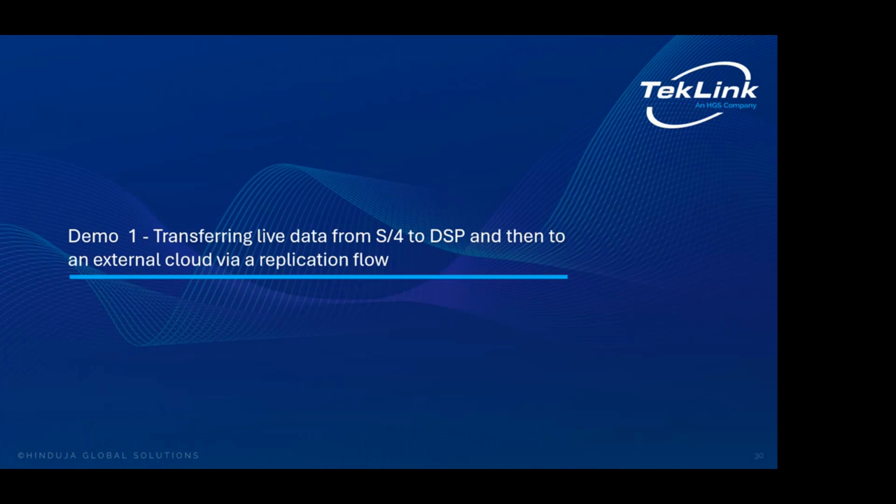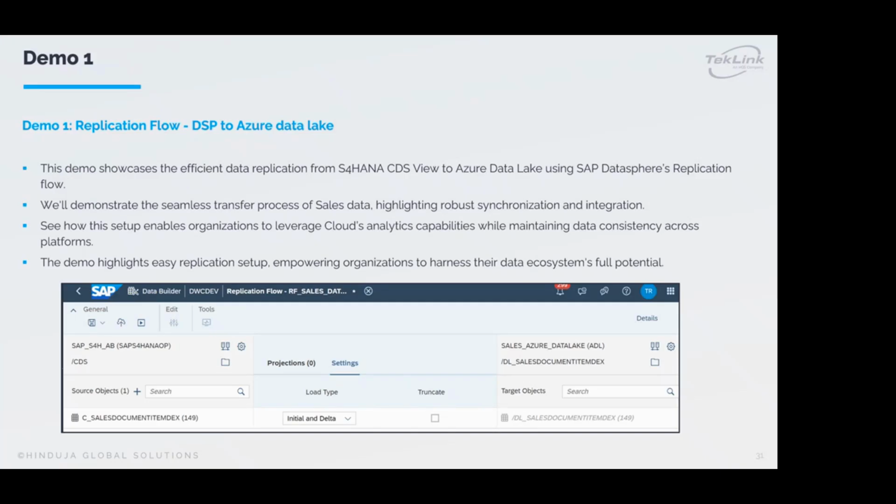This demo showcases efficient data replication from S4 HANA to Azure Data Lake, and it will support both full load as well as delta load, based on how the CDS view has been configured. If the CDS view supports delta load, then this replication flow will support delta load and generate the delta files on the Azure Data Lake.